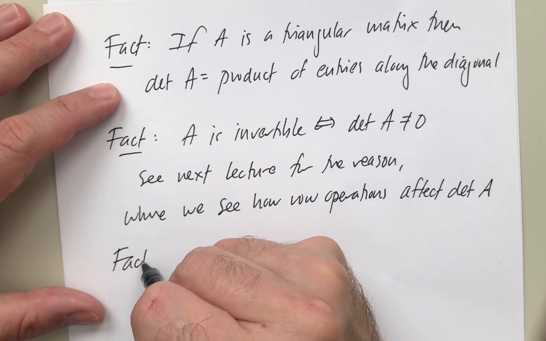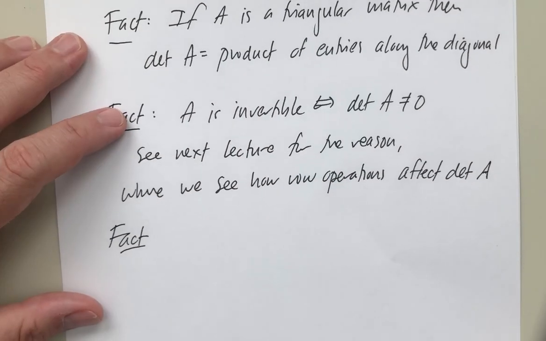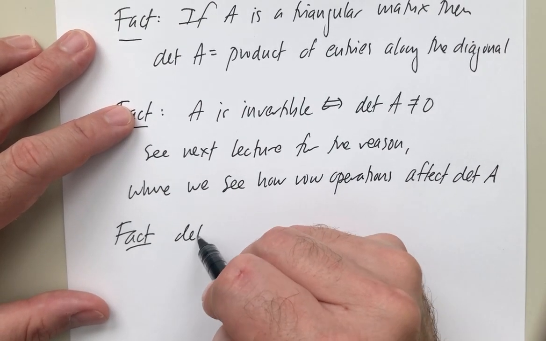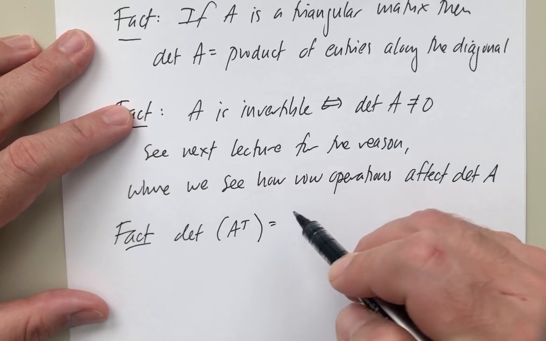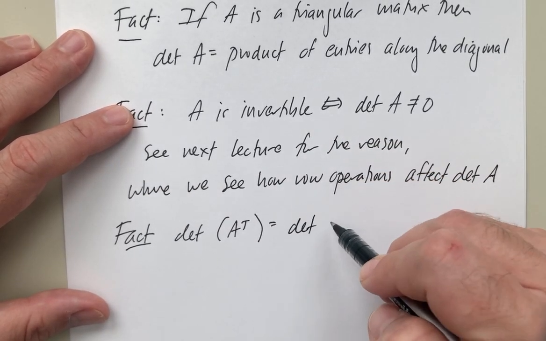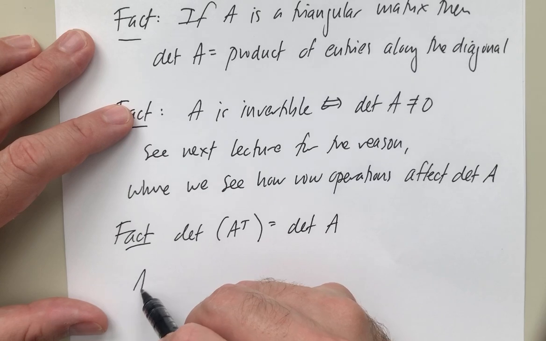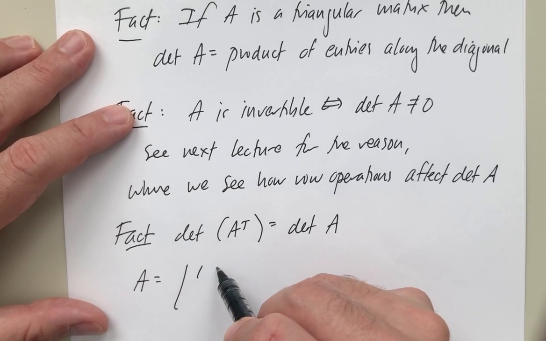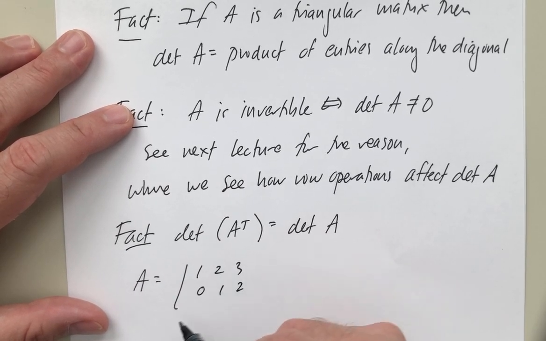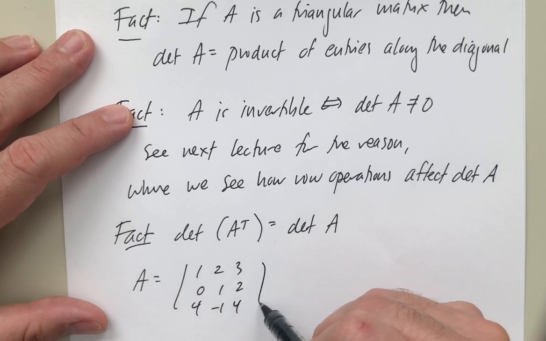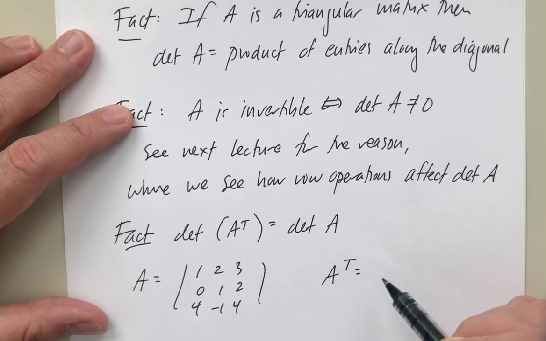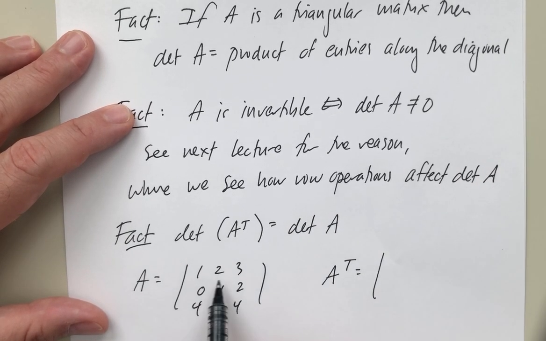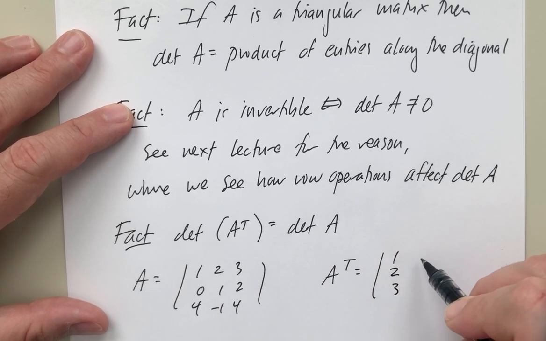Okay, so next fact, how do determinants play with transposes? Well, pretty easy to see that the determinant of A transpose is just the determinant of A. And why is that? Well, just via an example here. If this was my matrix A, what's A transpose? Remember, my first column will be, I take that first row of A and I make it the first column.